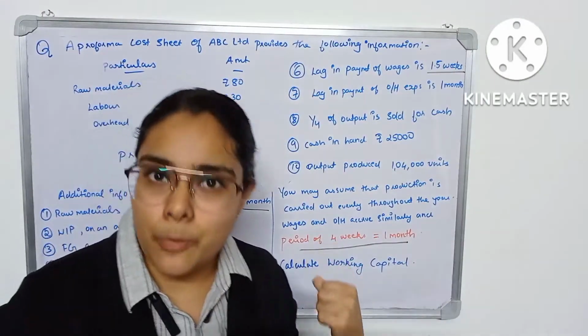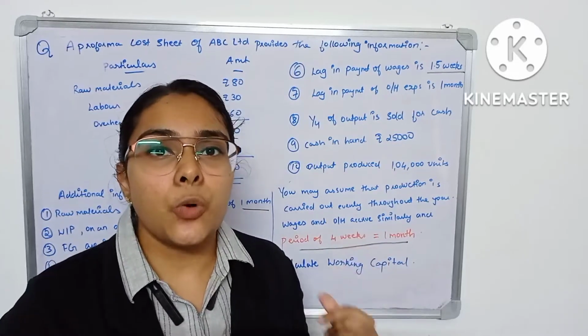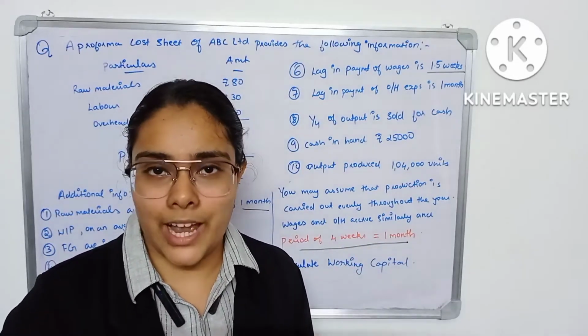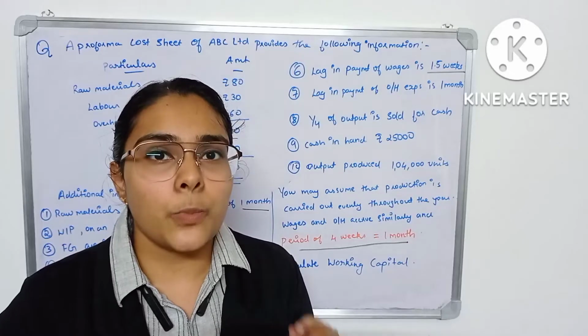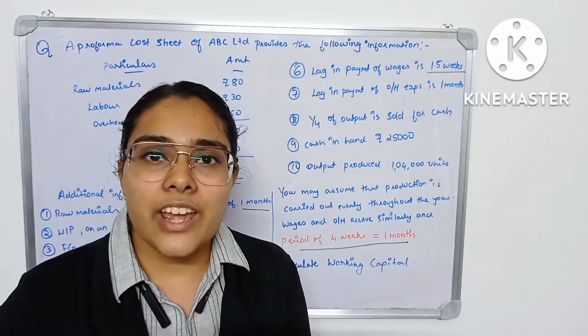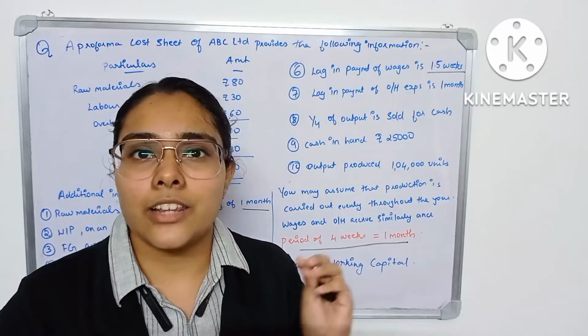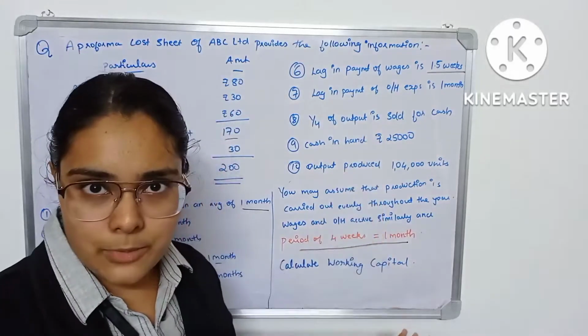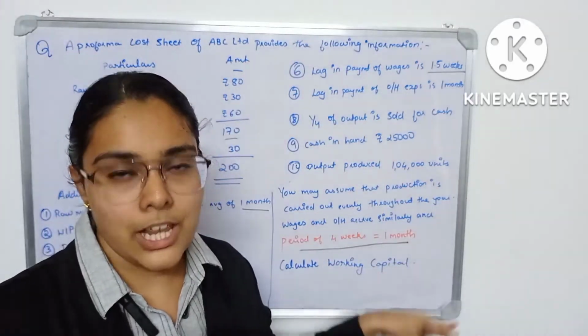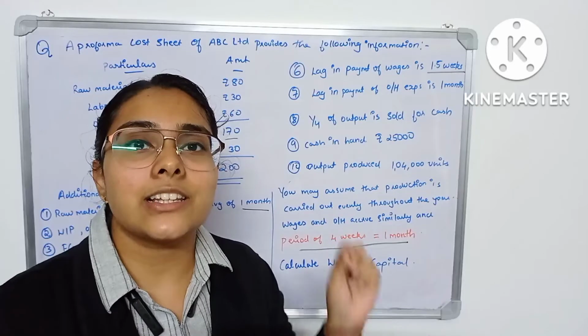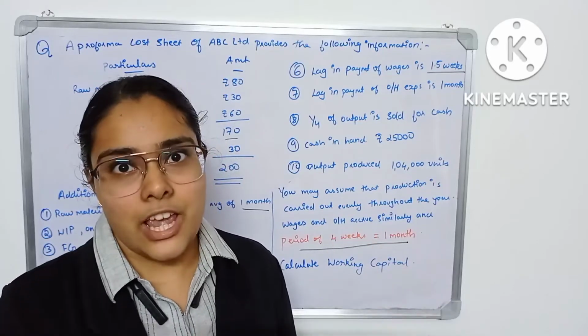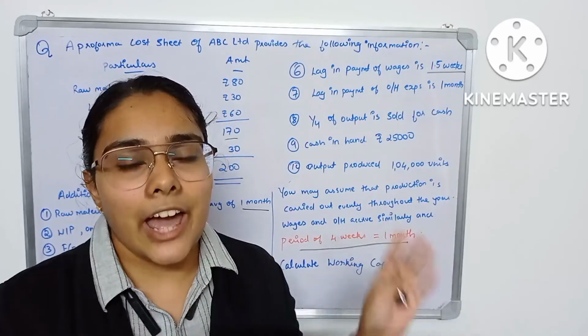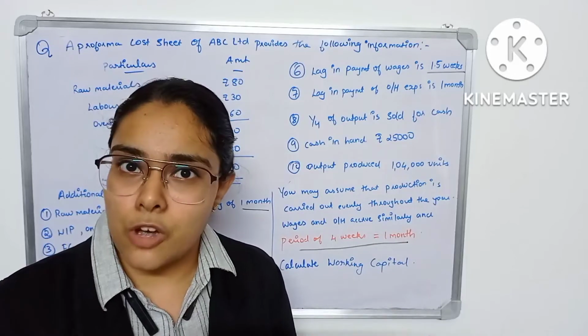When you are doing this type of question, make sure that you do all the calculations uniformly. That is, in respect of period, you must be uniform. If you are taking months, you should take that month calculation for every item in the calculation of working capital. If you are taking weeks, you must calculate the value of everything in weeks. If you are taking days, you have to calculate every component in terms of days.